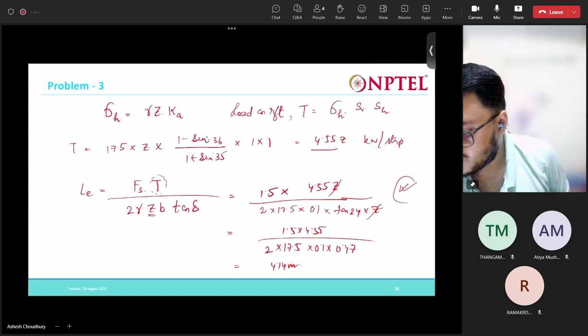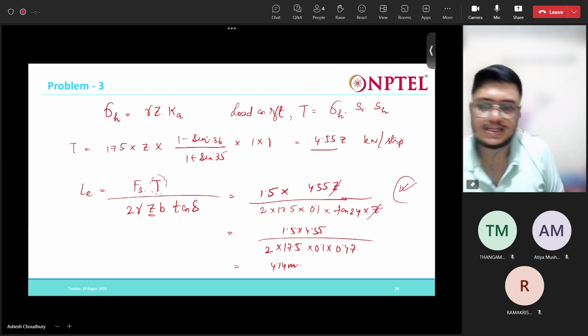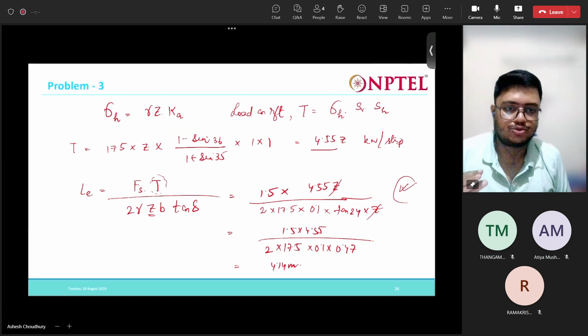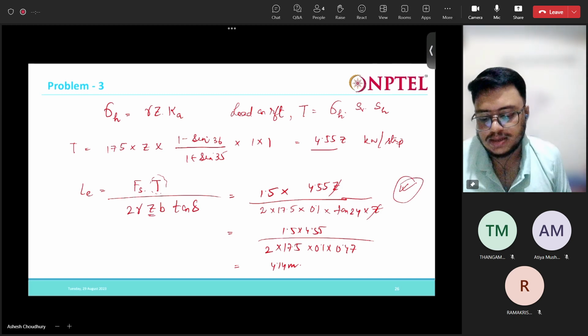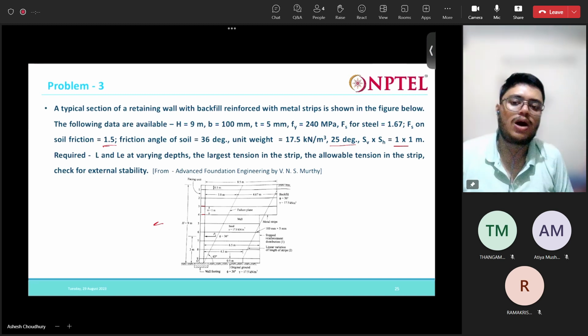Before that, we will check that the maximum tension, the total combined tensile load that is coming on all the strips, is less than or equal to the active thrust. Because active thrust is what pushes the wall outwards.